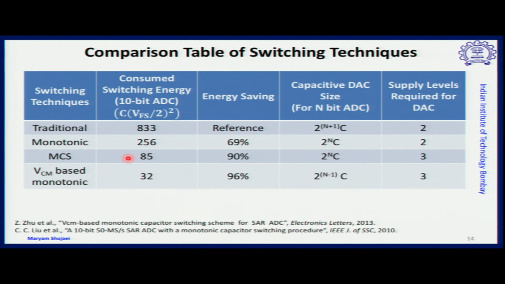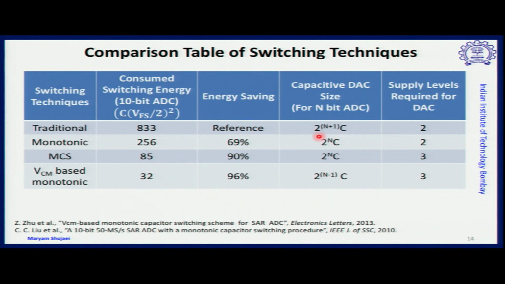But merged capacitor switching and VCM-based monotonic switching reduce it below 100. And in fact, VCM-based monotonic switching reduces it to simply 32 times the unit, which is a 96% reduction.